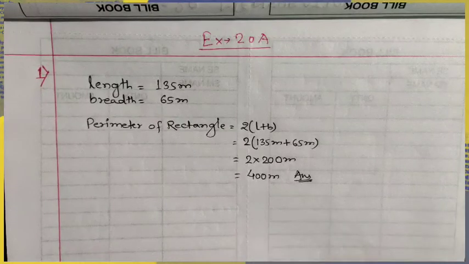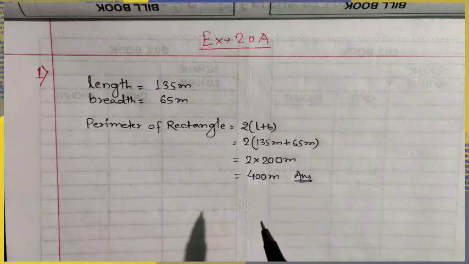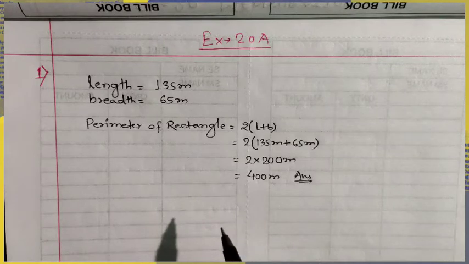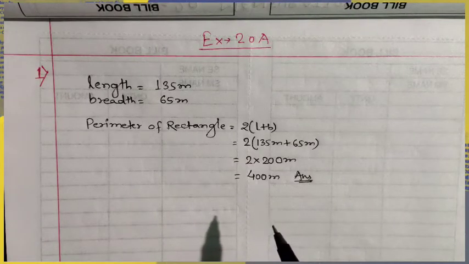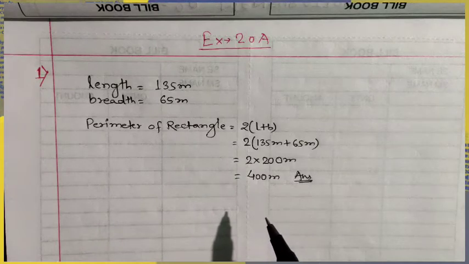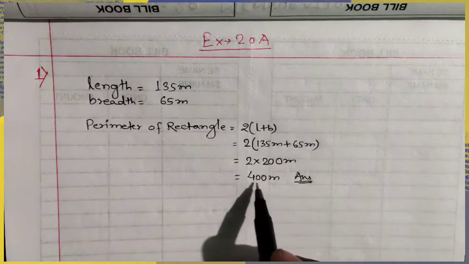Now one more part is added to this question, that is the cost of fencing. The meaning of fencing is to give a boundary, and the question is saying the cost of fencing it at a rate of 60 per meter. The cost of giving boundary for 1 meter is 60 and we are having a boundary of 400 meter.